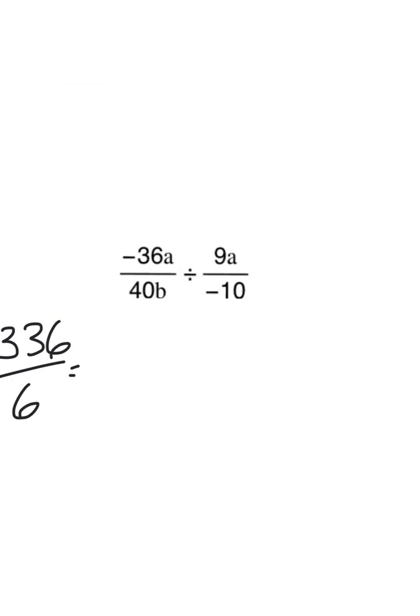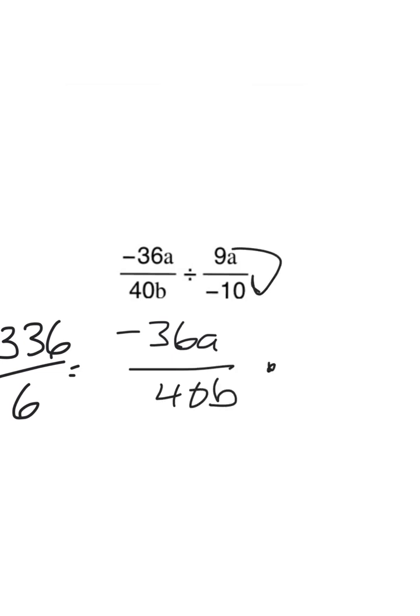To do this one, I would write it as negative 36a over 40b. I'm going to flip-flop these, so it's negative 10 over 9a. Now I can get rid of these.